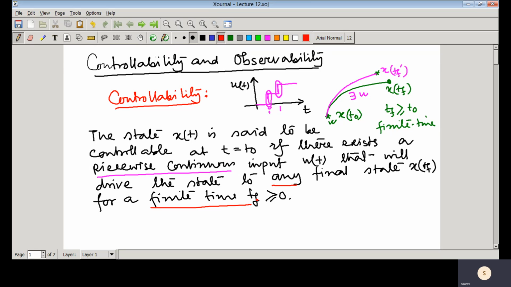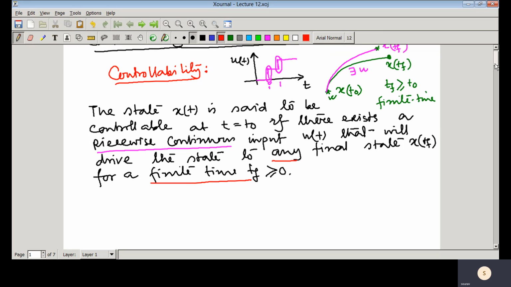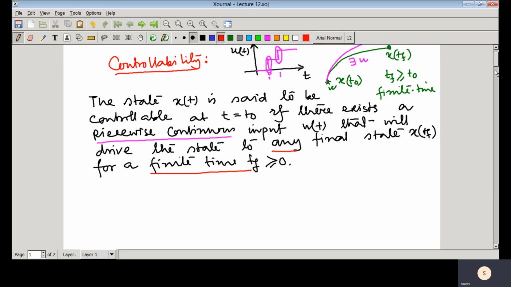The system is controllable. Now we will see how to test whether the given state space realization is a controllable realization or not. It is very easy to test whenever a system is described as x dot equal to Ax plus Bu and y equal to Cx plus Du. Of course we are discussing the LTI, linear time invariant system.